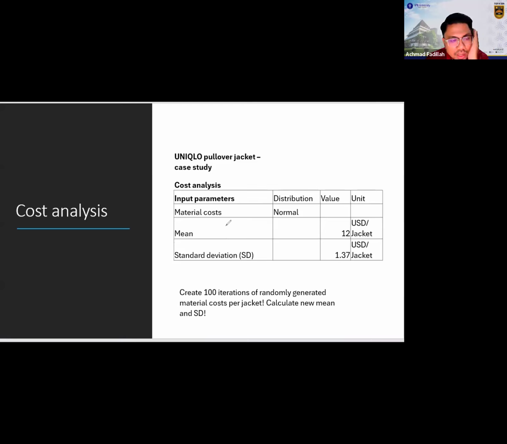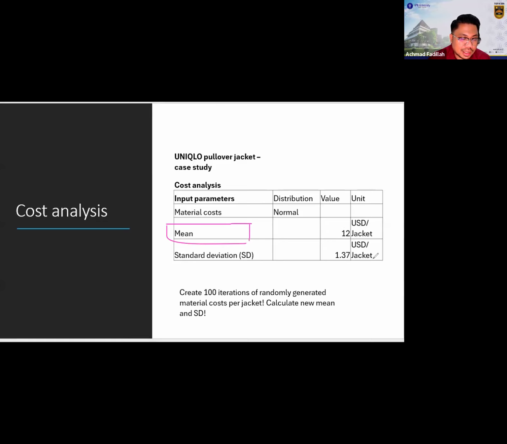In this case, we have information about the Uniqlo pullover jacket product, and we would like to make an analysis about the cost. From history data, the mean or the average of the jacket price is 12 USD per jacket.